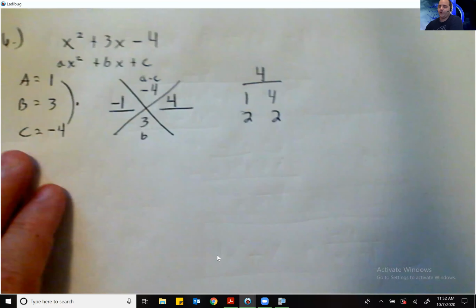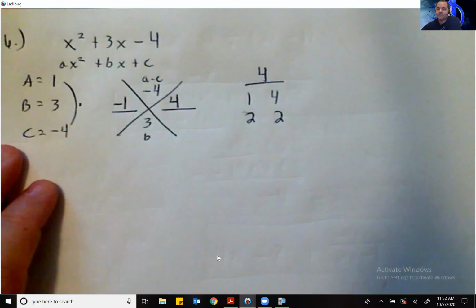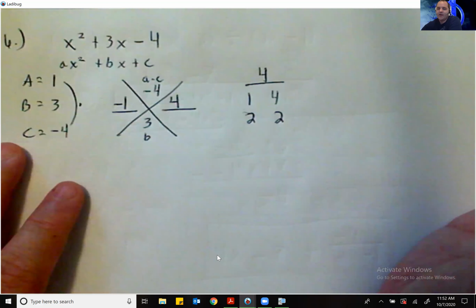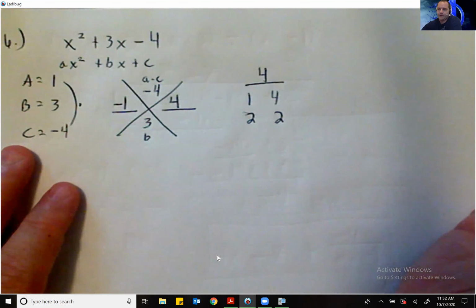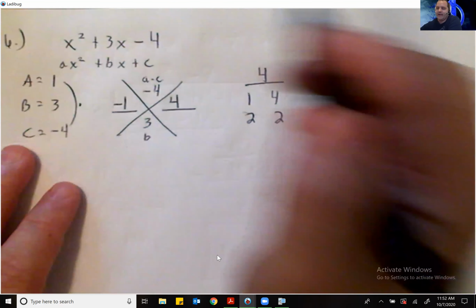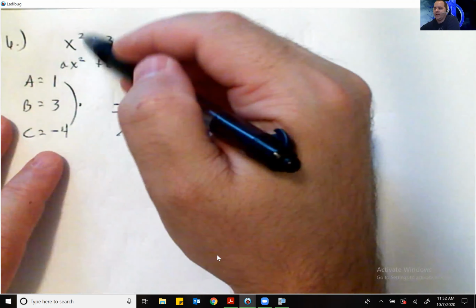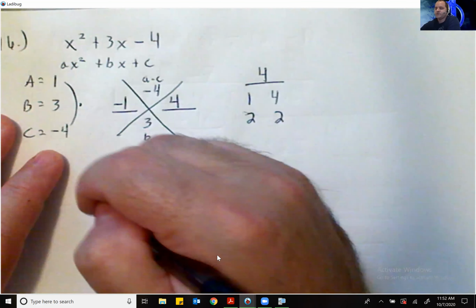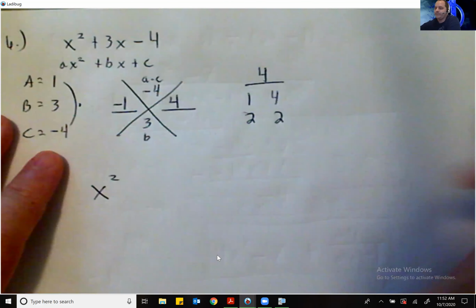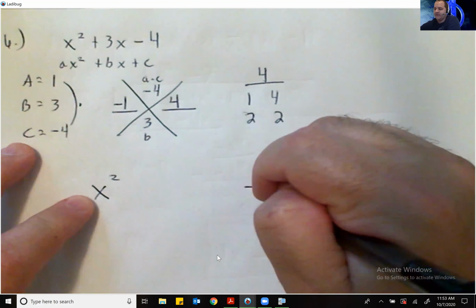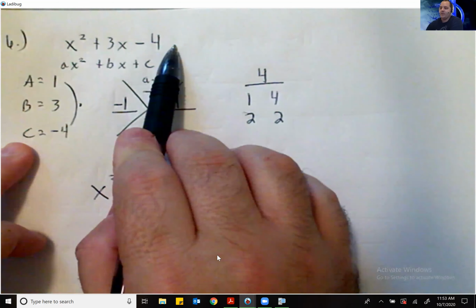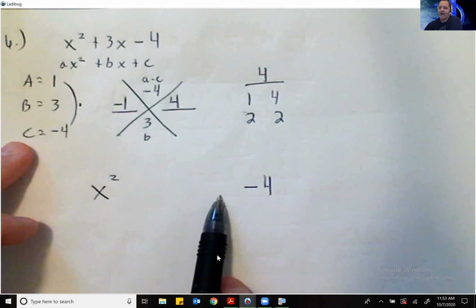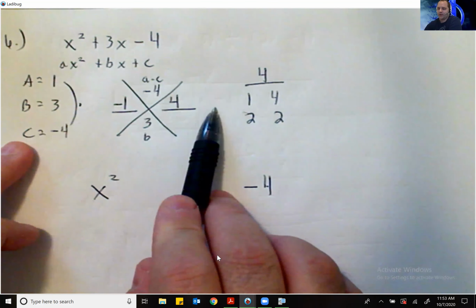So the third step in the AC method is you're going to make grouping happen. You're going to turn it into a grouping problem. So you're going to keep the beginning and the end the same. My first term is x squared. My last term was negative 4. In the middle, go what we found, our 2 special numbers.